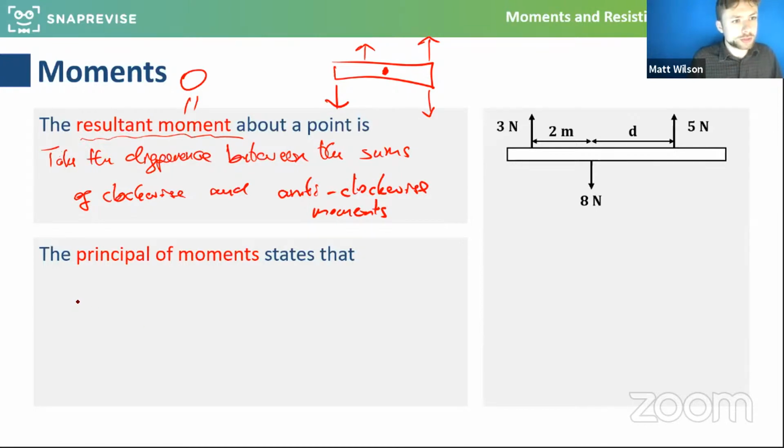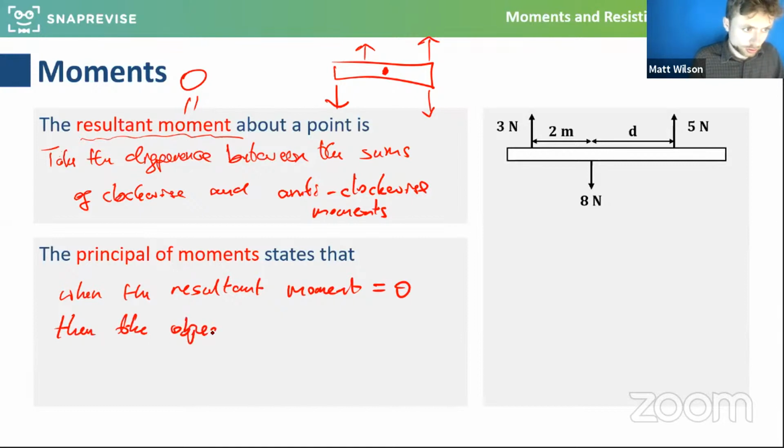So the principle of moments states that when the resultant moment equals 0, then the object rotates at a constant rate.